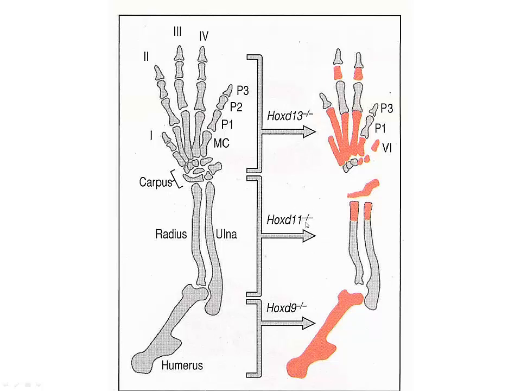Knock out both of the 11s, we're going to shorten the radius and the ulna in some of these carpals. If we knock out 13, a lot of our distal structures aren't formed. The fact that we still have some, it's a little puzzling. But certainly the distal structures are under the regulation of 13. Some of the middle structures are under the expression of 11. And 9 is directed here by the most proximal structures.